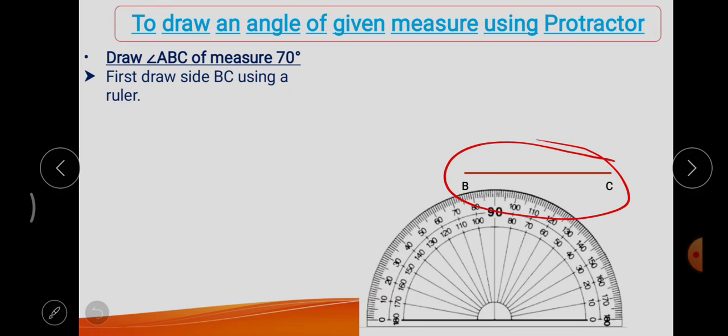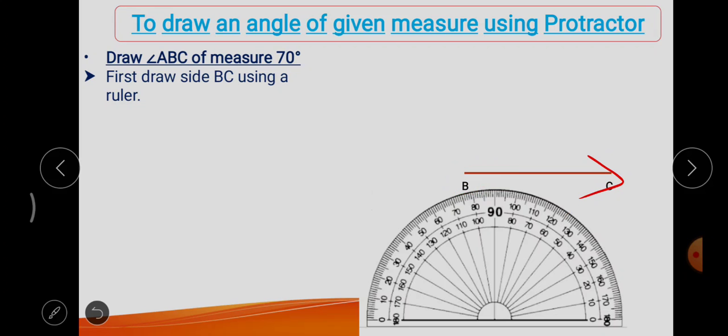I have drawn side BC, and now the next step: you remember where I was placing the protractor? Towards the vertex. So what will be my vertex? Those who are showing their arm towards the right direction, their vertex will be B. And those who are showing their arm BC towards the left direction, their vertex will be C. But for my convenience, I am using the right direction, and my vertex will be B.